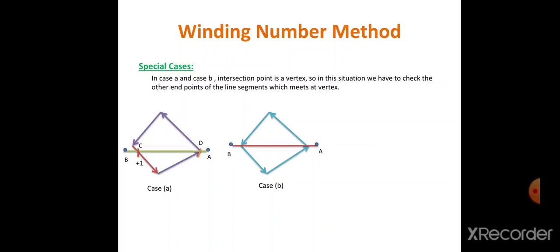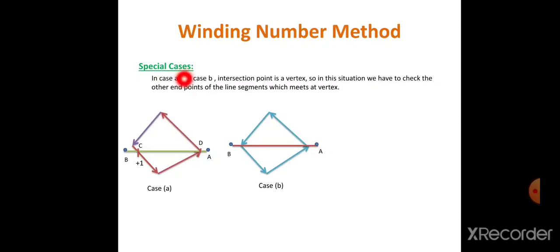For line CD, the intersection point is D, right. The line starts from here and ends over here, so it is not ending above the line AB. So for this D, we will see both the lines passing through this point.